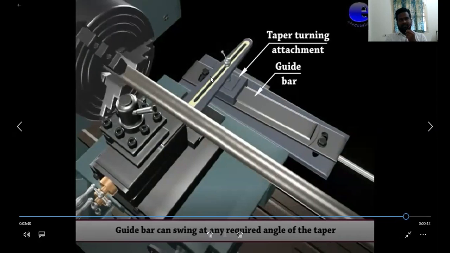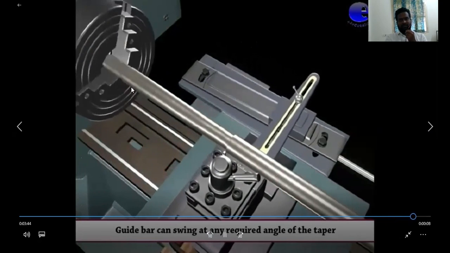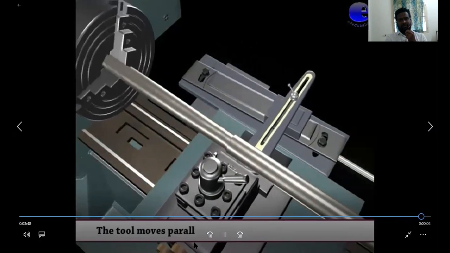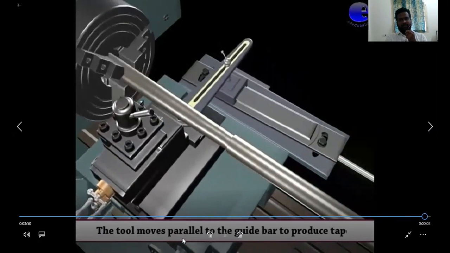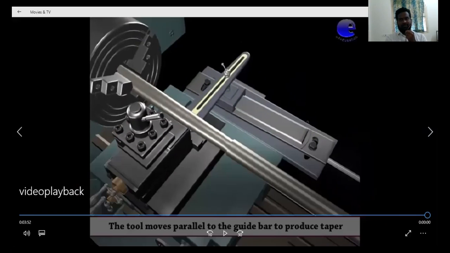The guide bar is swivelled, and with that angle the tool moves. With that movement, we get the taper shape. The tool moves parallel to the guide bar to produce this, right? So these are the 4 methods we learned yesterday.